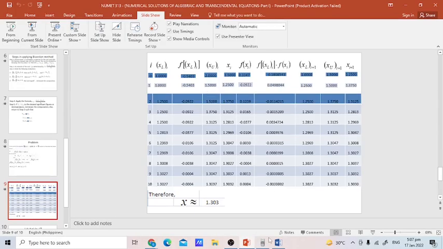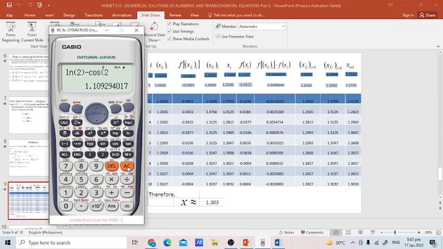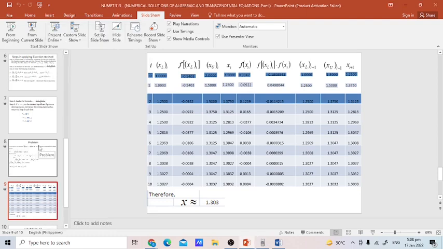Tapos, f of x sub i, yun yung ln 1.5 minus cosine 1.5 radian. So, makukuha nyo dapat sagot ay 0.3347. Check natin, no? ln 1.5 minus cosine 1.5 radian. 0.3347. Ayun, no? Okay.